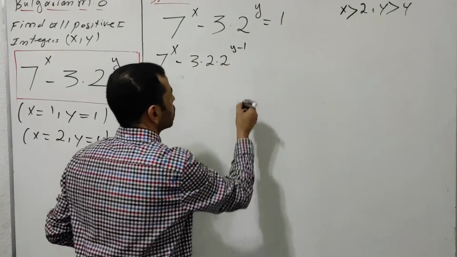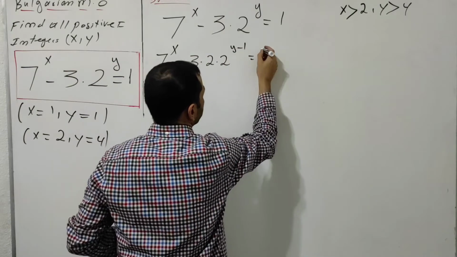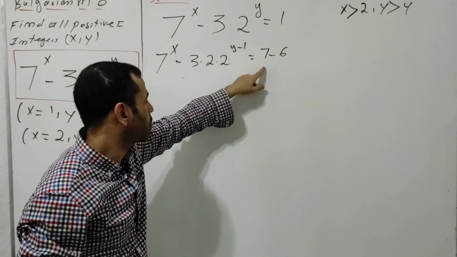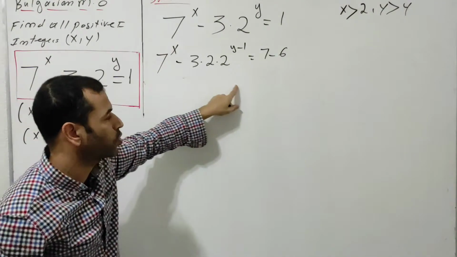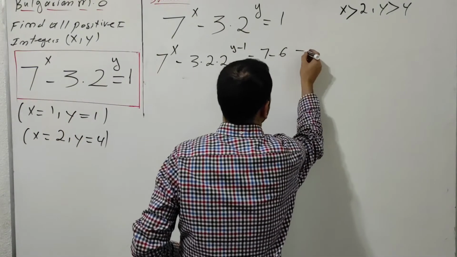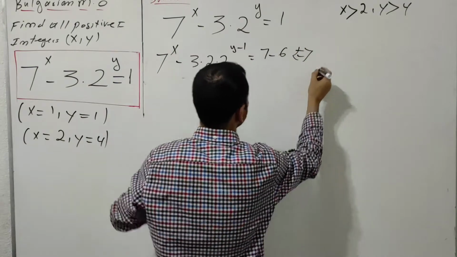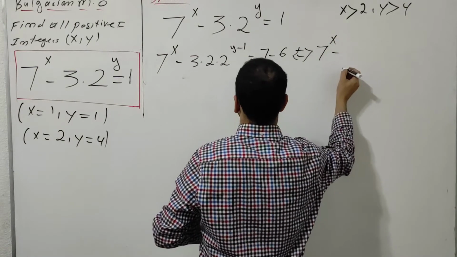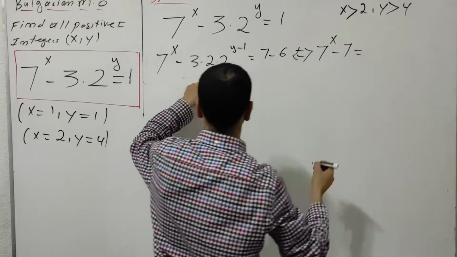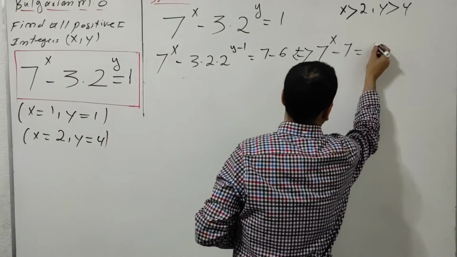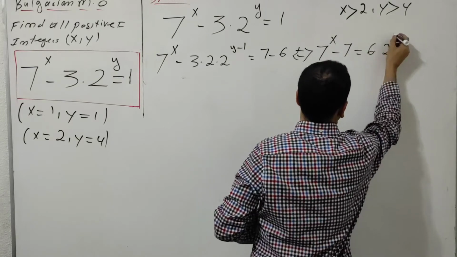Equals 1, which equals 7 minus 6. Okay, I'm bringing this 7 to the left-hand side of this equation and bringing this term to the right-hand side. So this is equivalent, we'll get 7 to the x minus 7 equals 3 multiplied by 2, which is 6, multiplied by 2 to the y minus 1, minus 6.